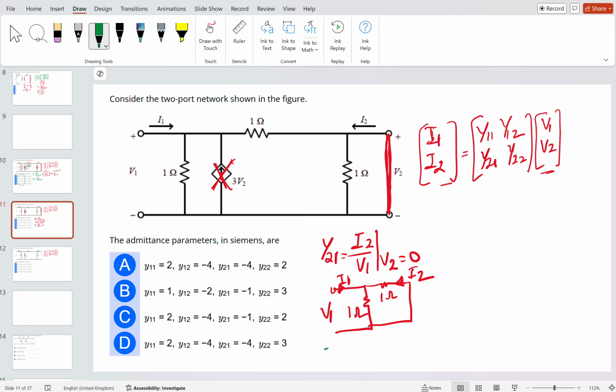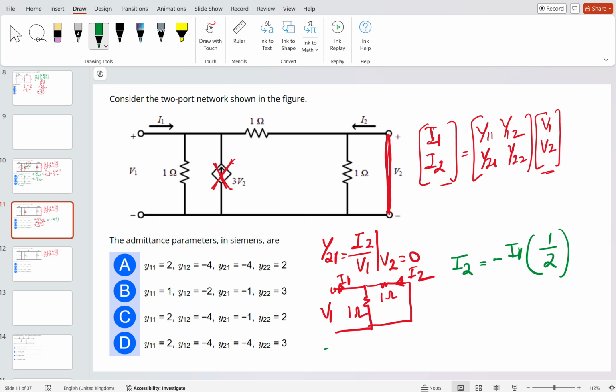If you see this V1, what is the value of I2 basically? I2 is simply the negative of the current flowing, which will become 1 by 2 of I1. Are you getting my point?